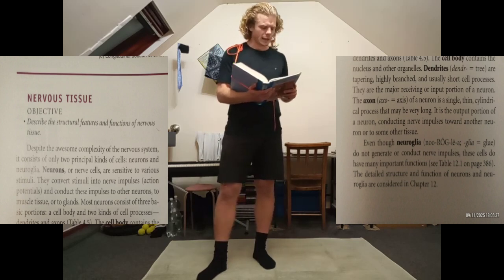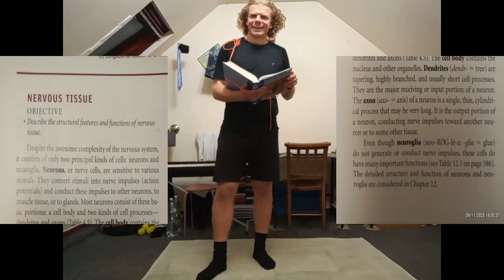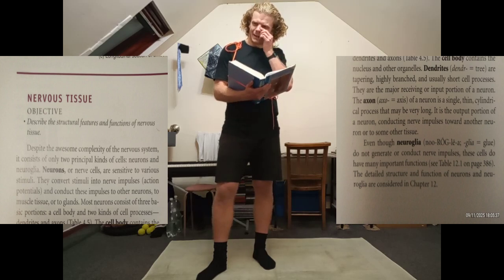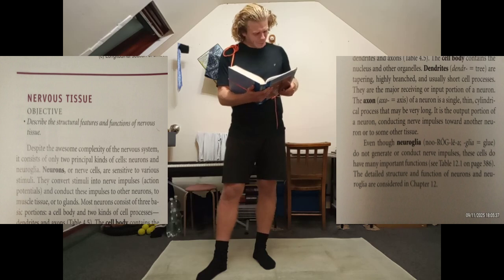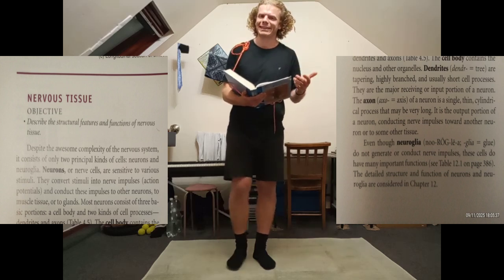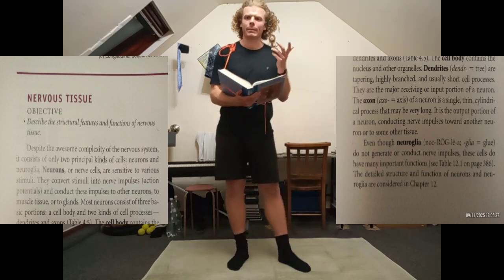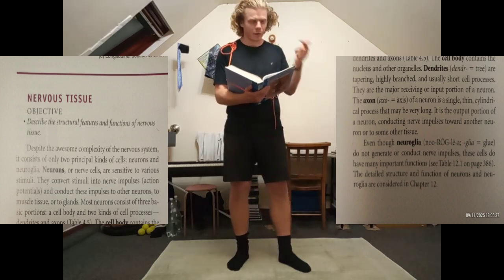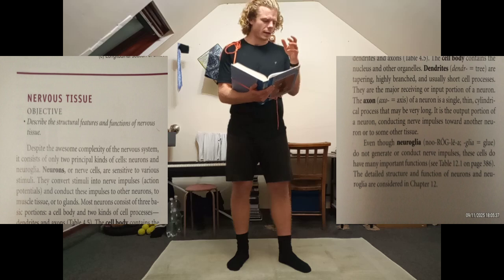Neurons are, besides neuroglia, one of the two principal kinds of cells which make up the nervous tissue.